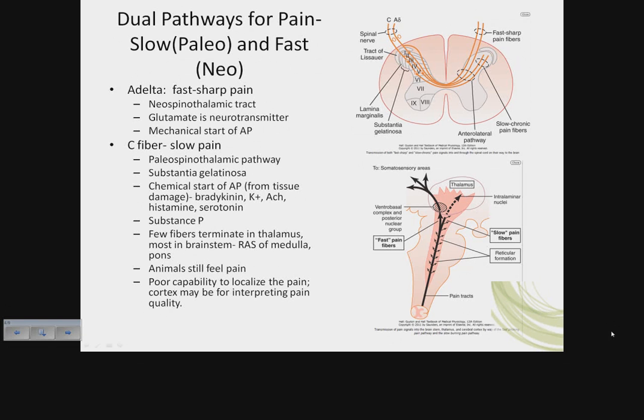Now again, this slower pain pathway is older in evolutionary terms. These lower regions of the brain are also older in evolutionary terms. They're the reptilian brain that you were learning about in Paul MacLean's triune brain theory.